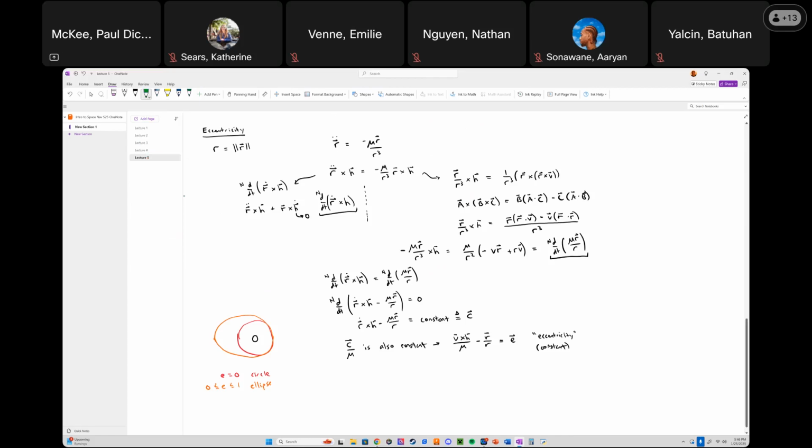Imagine you've got this far point, and you just move it further and further and further away without changing the near point. In the extreme, you'll get some shape that does this. And at that point, E is equal to 1. Your furthest point is actually infinitely far away. That is the definition of a parabola, like from algebra class. So this would be a parabolic orbit.